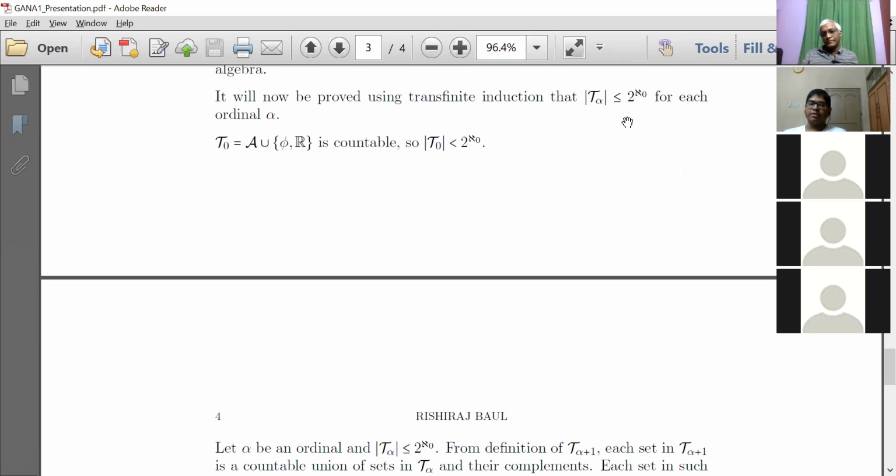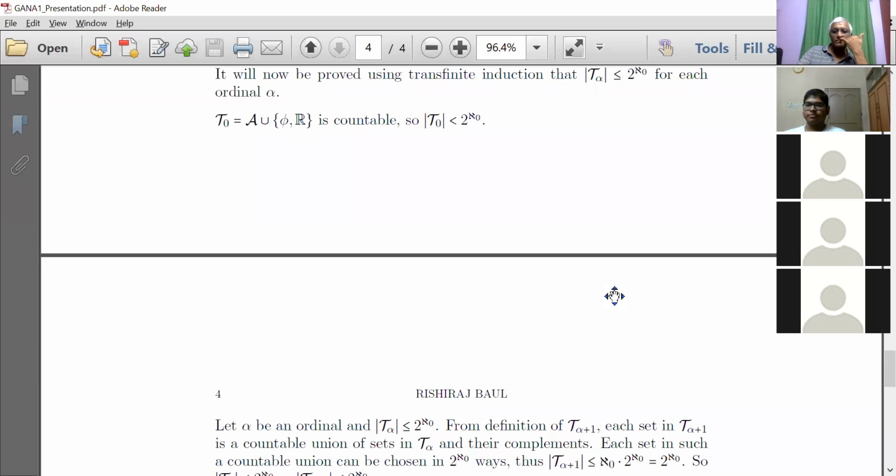This will be sufficient to establish the theorem that we set out to prove. Okay, before that, any issues still here? Okay, I will just proceed.